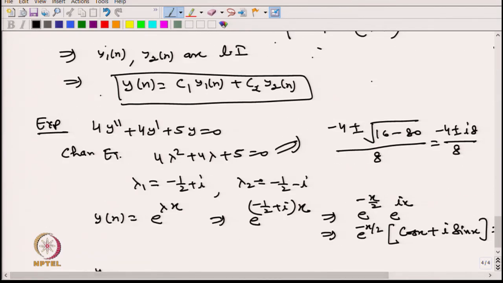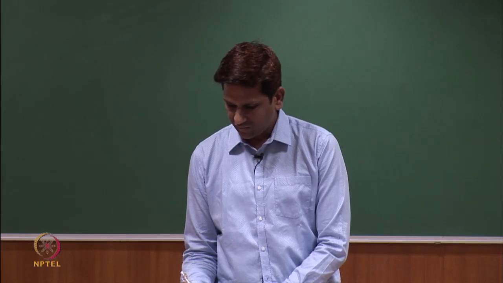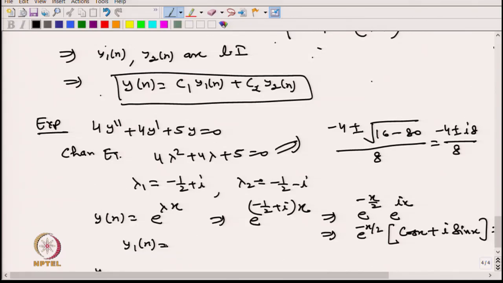So, this is my complex function, and just now we have done that from this one I can find out the two linearly independent solutions. So, I can directly write my y1 x will be e minus x by 2 cos x, and my another solution y2 x will be e raised to power minus x by 2 sin x.